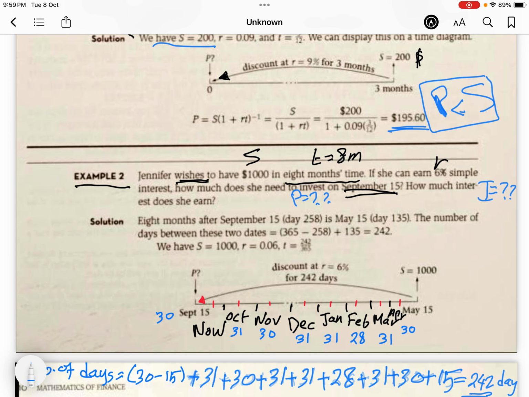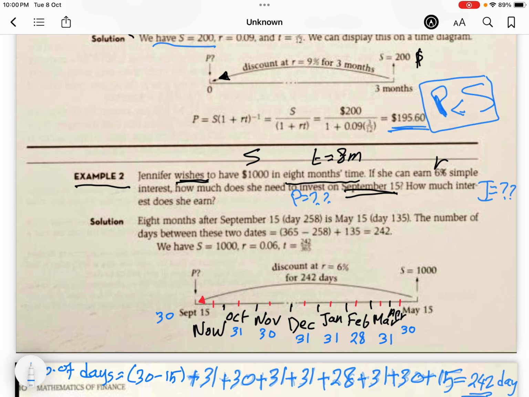How much interest does she earn? 8 months means T equals 8 over 12. The dates are September 15 and May 15.